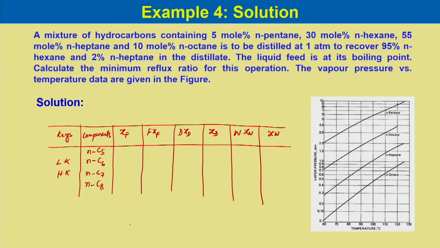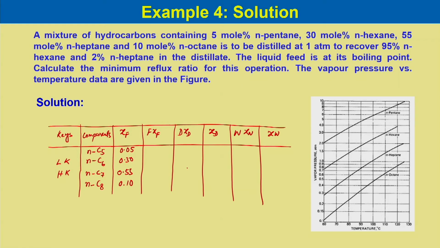Now, the compositions of the feed are given, that is 0.05, 0.30, 0.55 and 0.10.